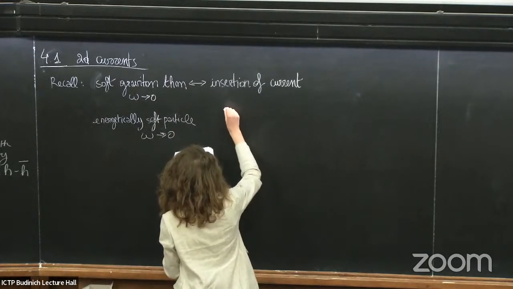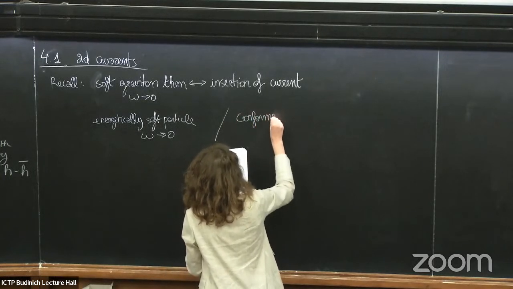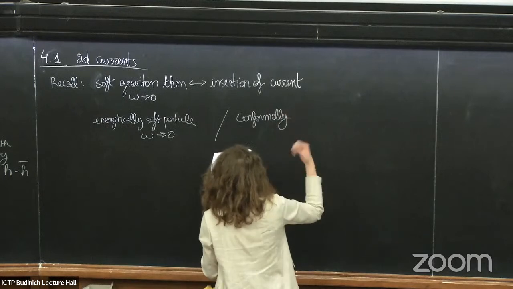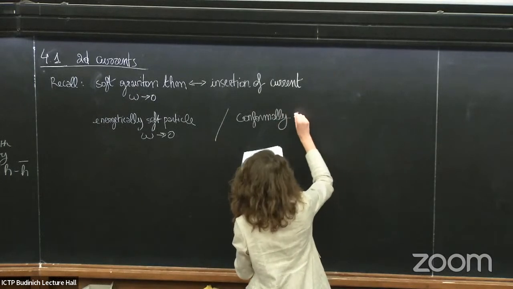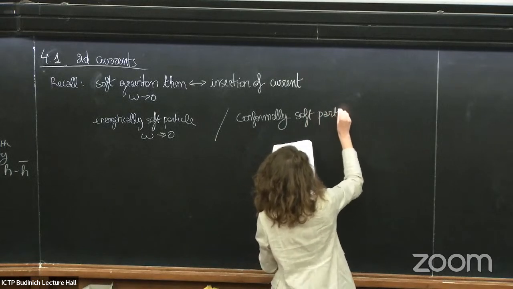Now we will be calling in celestial holography a particle which is soft in the conformal sense a conformally soft particle.